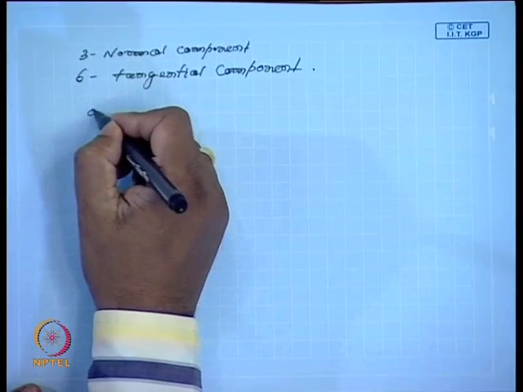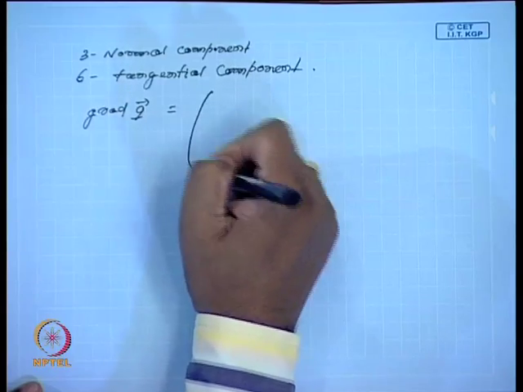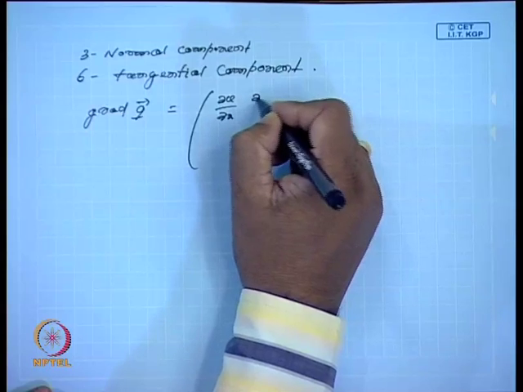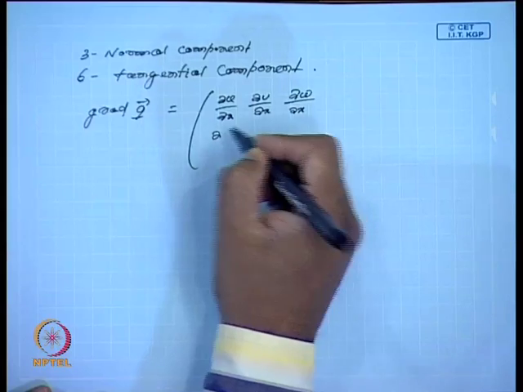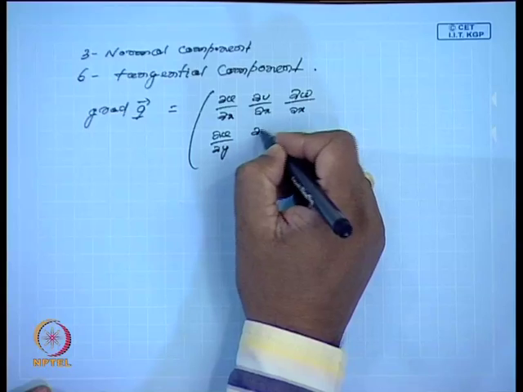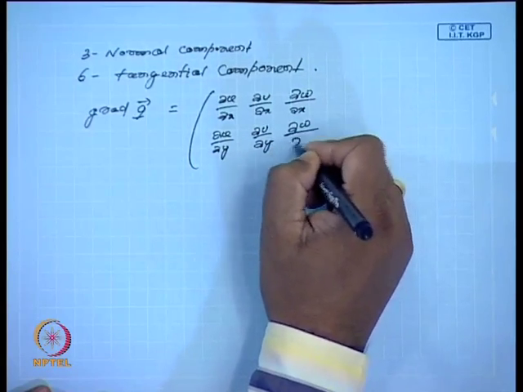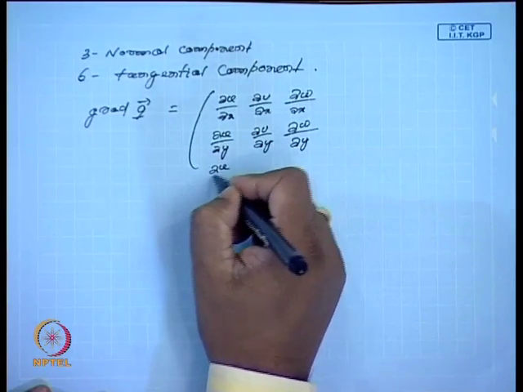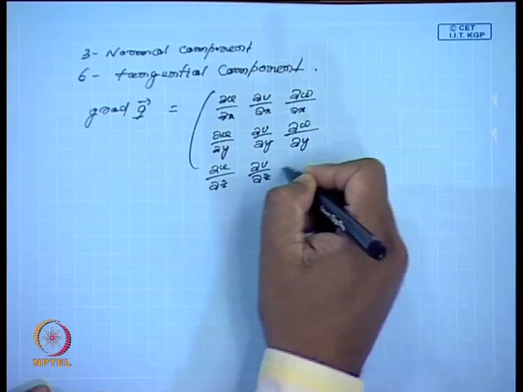Now, we know that the grad of q bar is given by del u by del x, del v by del x, del w by del x, then del u by del y, del v by del y, del w by del y, and the third row is del u by del z, del v by del z, del w by del z.